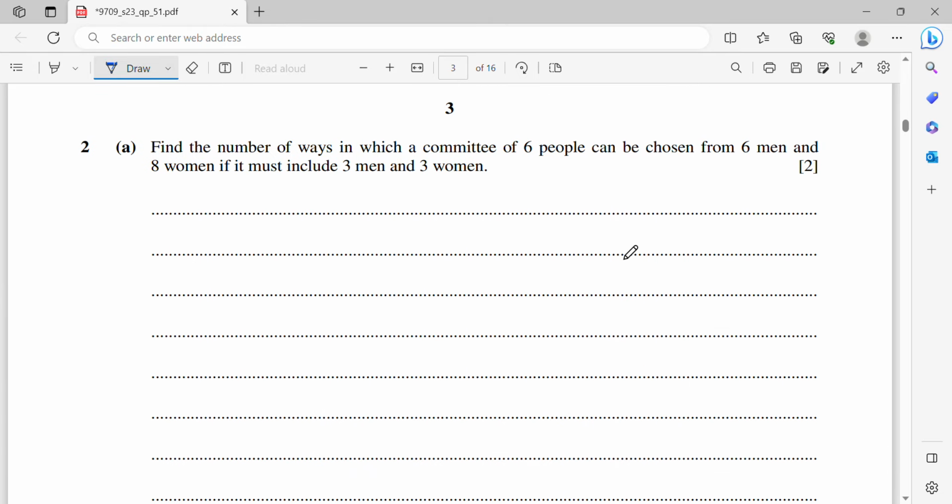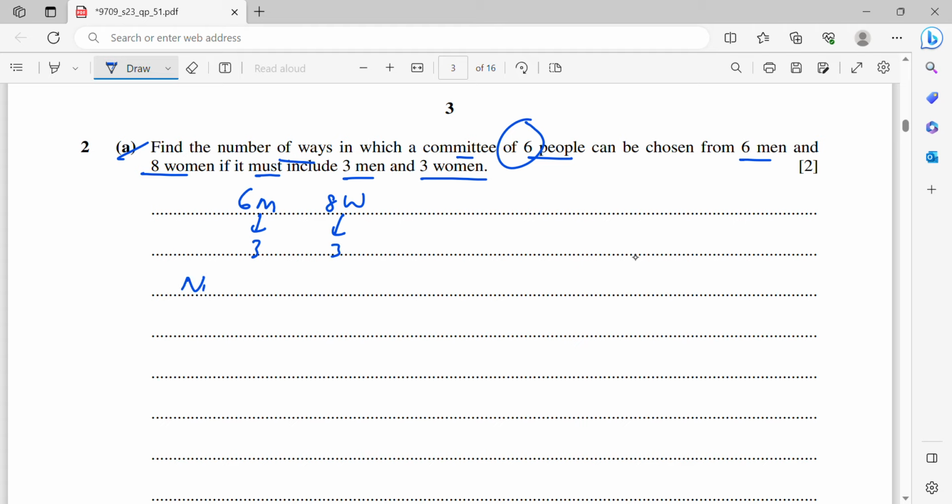Question 2. A. Find the number of ways in which a committee of 6 people can be chosen from 6 men and 8 women if it must include 3 men and 3 women. So from here basically you have 6 men, 8 women. Then you have to choose 6 people, where each gender consists of 3 people.